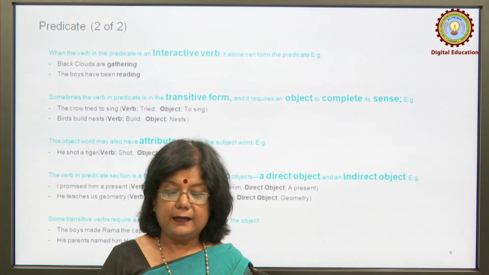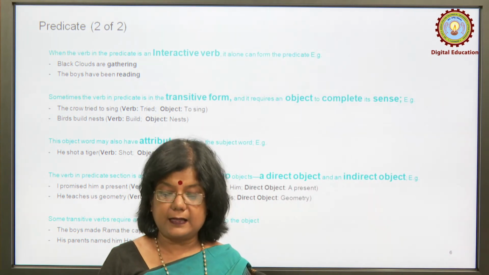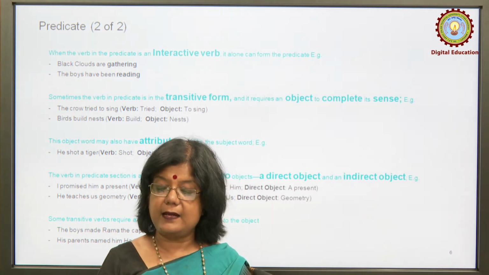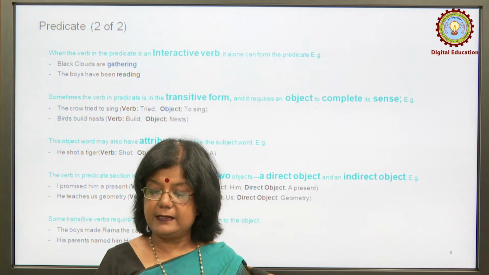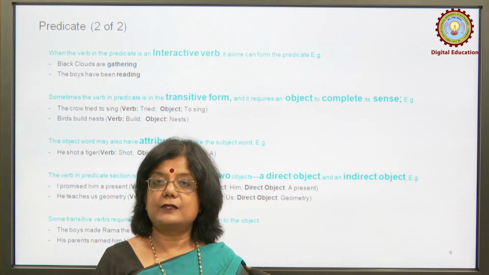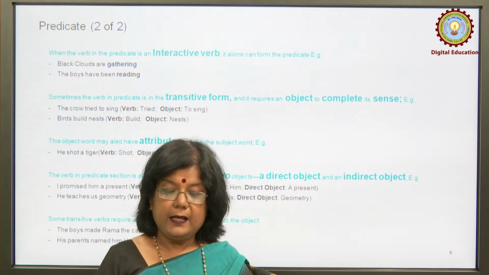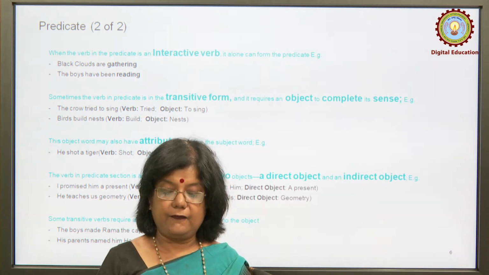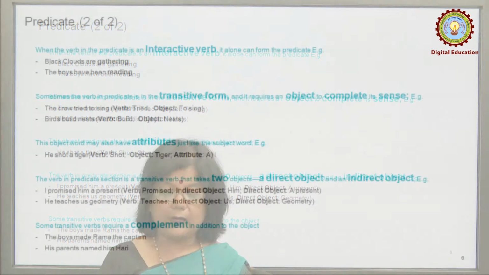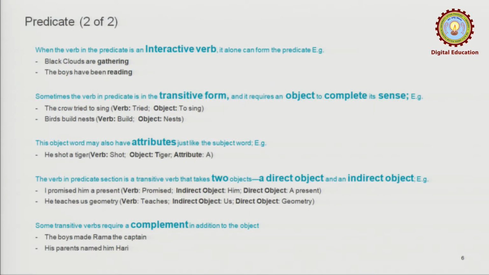Again here reading will take the category of intransitive verb. Sometimes it so happens that the verb in the predicate is in the transitive form and it requires an object to complete its sense. Again, switch over to some examples. The crow tried to sing. If we divide it in sections, verb is tried and object is to sing.